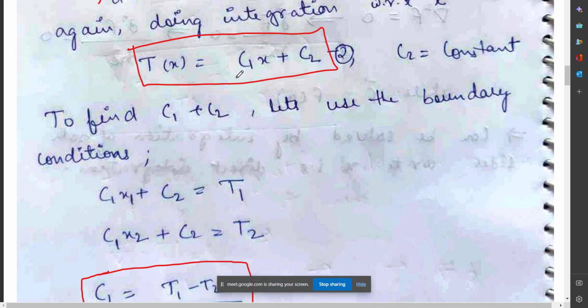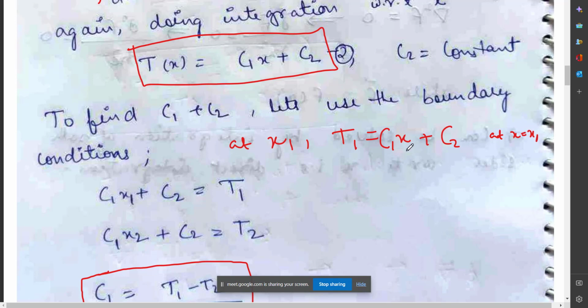So see, this equation you got. Now at x1, right? At x1 we have T1, right? So T1 is equal to c1 x plus c2 from equation 2. Here, madam, we have to write at x equals x1.